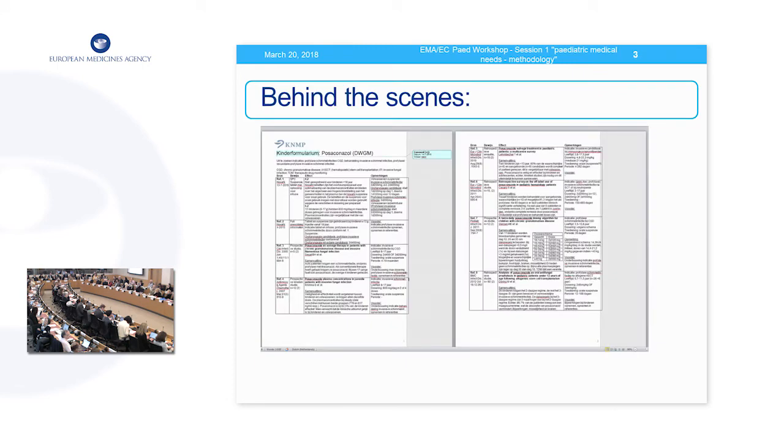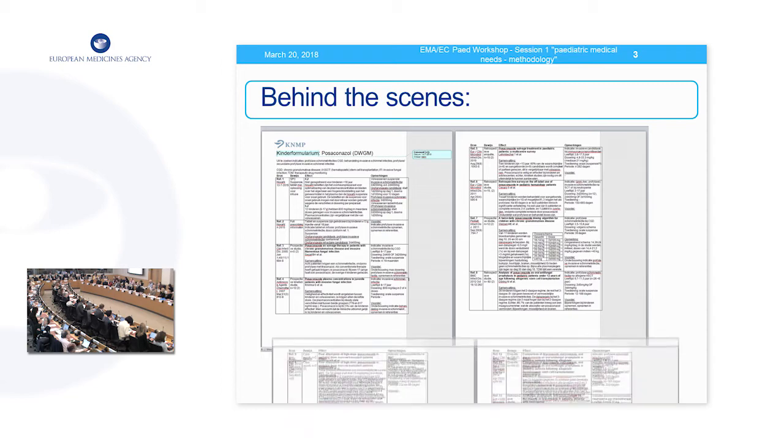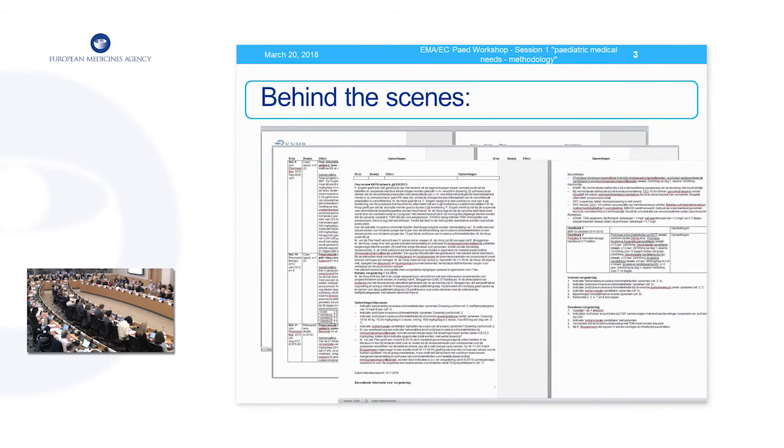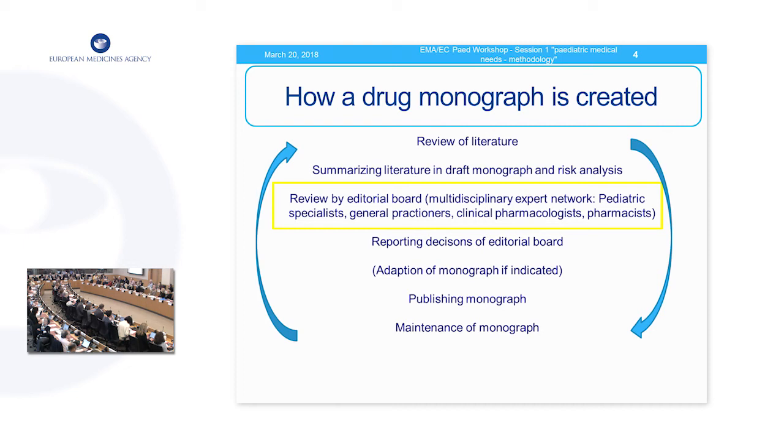But behind the scenes, we have quite extensive documents that list all scientific evidence that is available for our off-label dosing recommendations. And these dosing recommendations are created by a review of available scientific literature that is summarized in a drug monograph, and that is also extensively summarized in a risk analysis document.